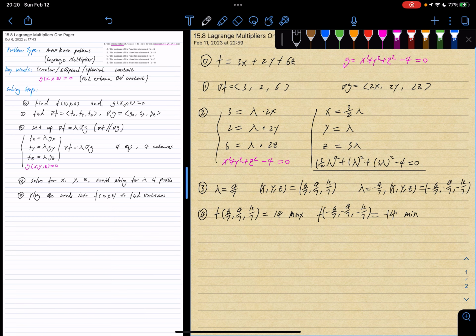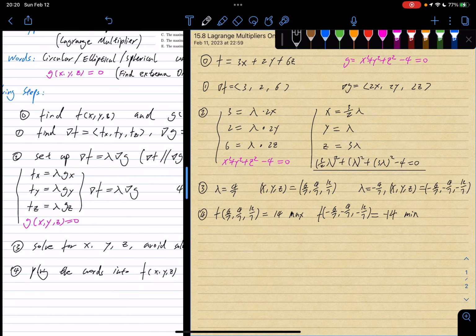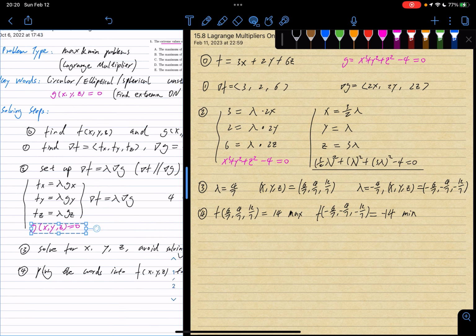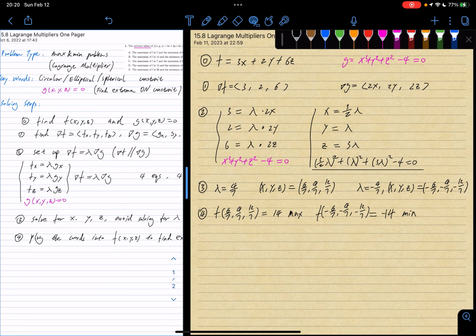Then you can utilize the idea that the gradient of f is parallel to the gradient of g with a Lagrange multiplier, and we also need the constraint itself to form a solvable system of equations. We solve for x, y, z, plug into the function, and then we can get the extrema on the constraint.